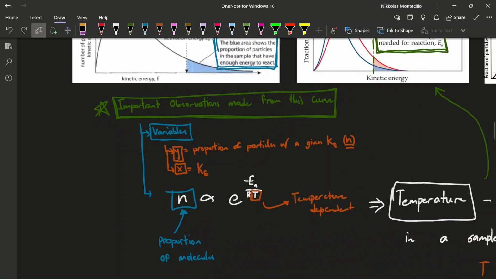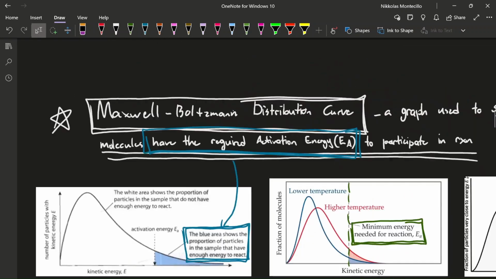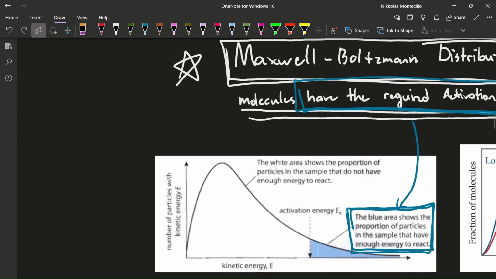Now, from this Boltzmann distribution curve, generally speaking, when we see a highlighted area over here, we can identify that this refers to the proportion of particles in a sample that have enough kinetic energy to react.